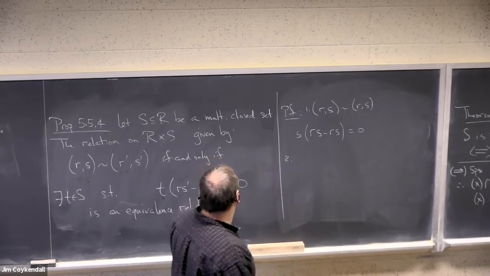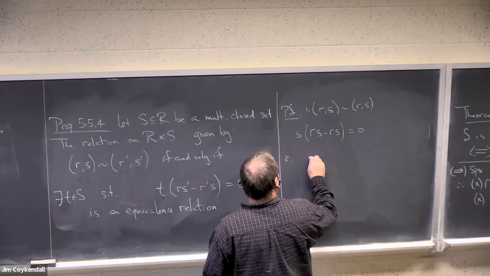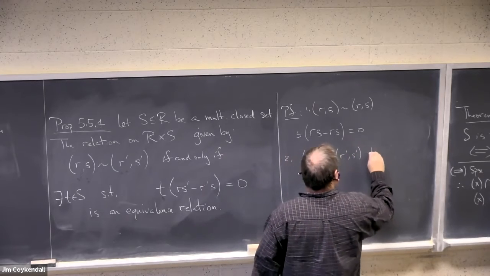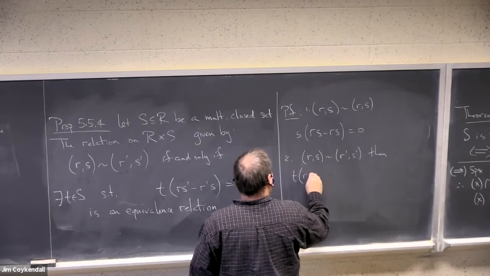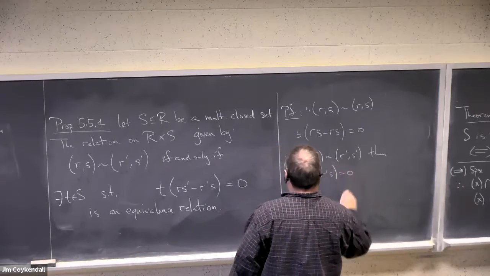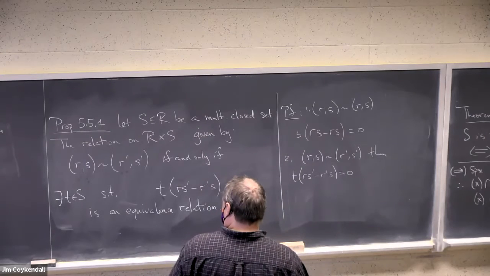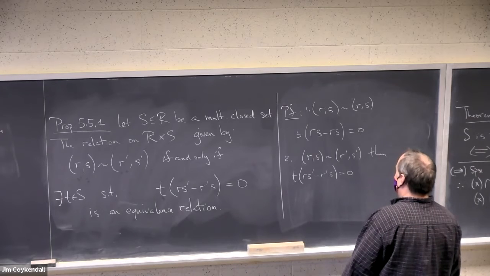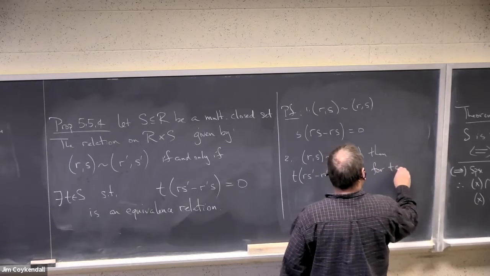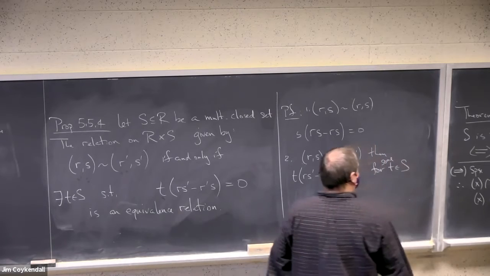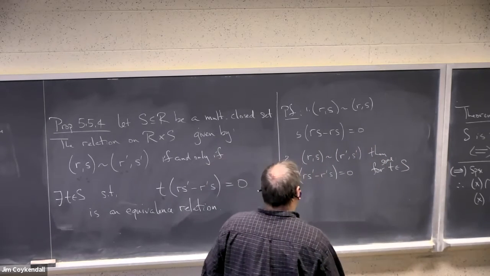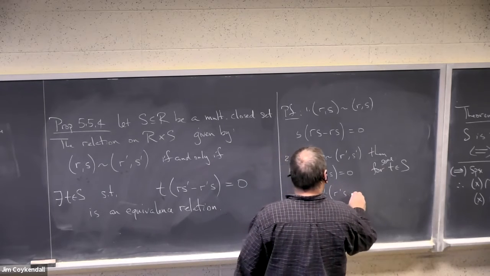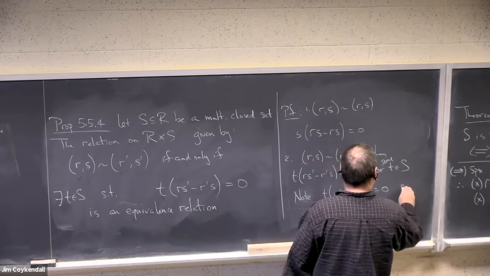Equivalence relations have to be symmetric. So if r/s is related to r'/s', then t times (rs' minus r's) is 0 for some t in S. So notice that it's also the case that t times (r's minus rs') is 0.